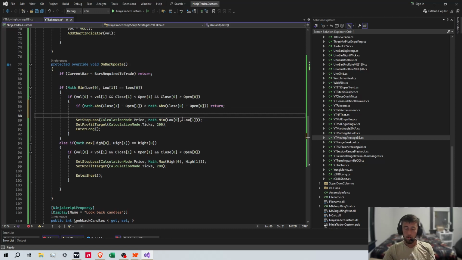So then to adjust the parabolic stop and to keep the original one, we're gonna make a double stop loss.